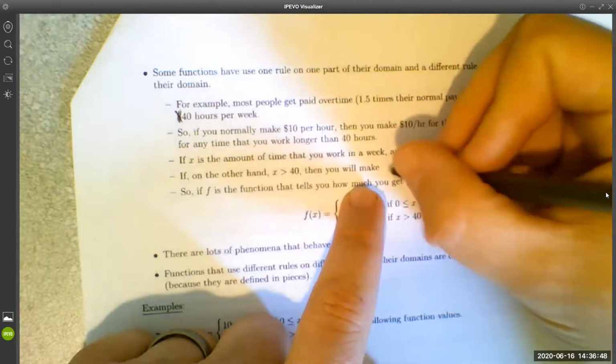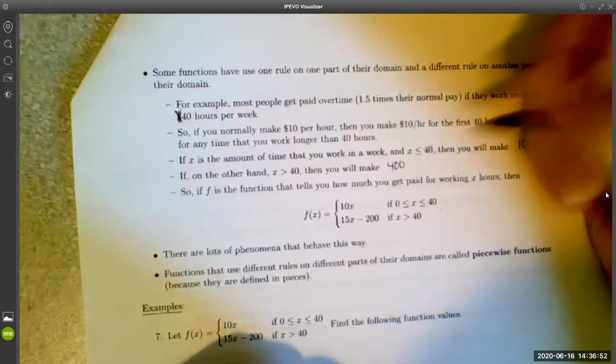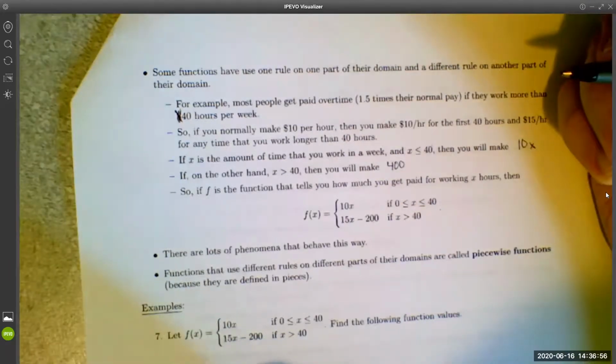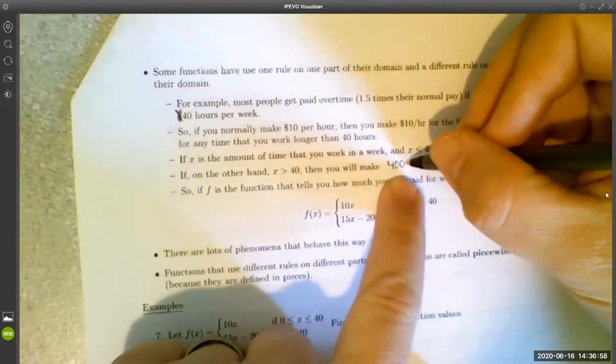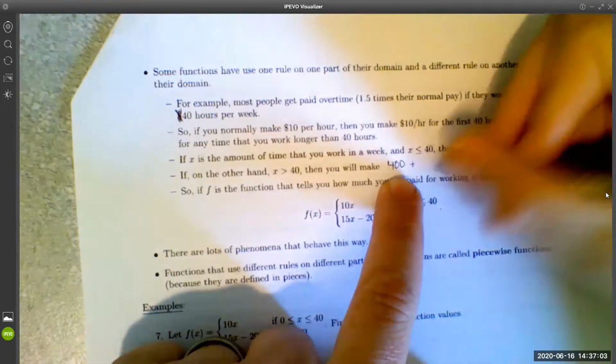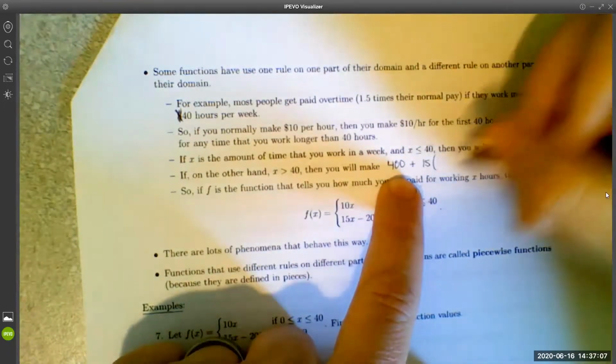So that's going to be $400 for the first 40 hours you work, and then you're going to make $15 an hour for every hour you work after 40 hours.